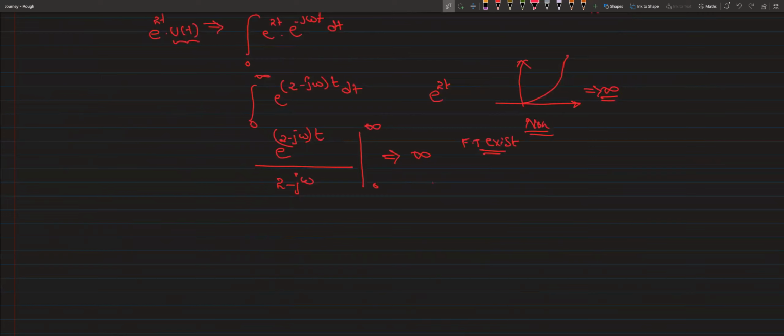Next question, 56. So this one is 56, 59, and 60, and 81 is the last question. x of t is e power minus a t square.